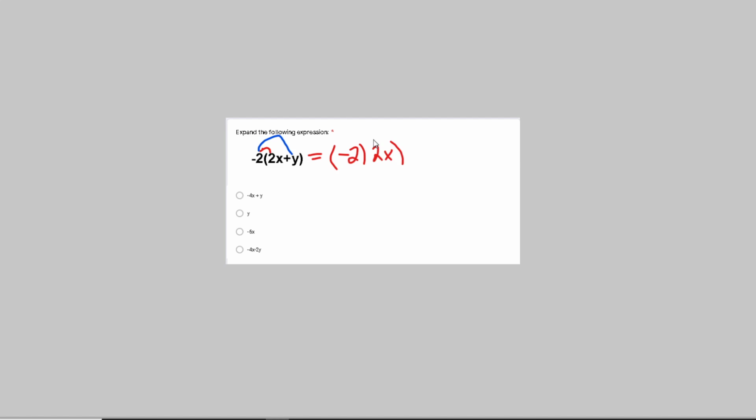So we're multiplying these together, plus negative 2 times y.